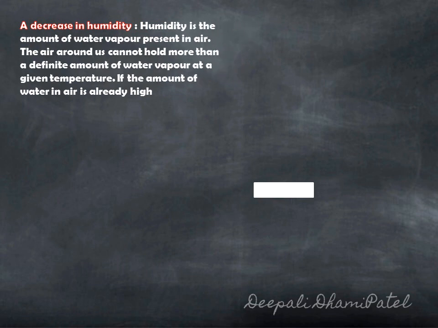If the humidity, that is the amount of moisture in the surrounding, is more, then obviously the evaporation will be slower or less. And if the humidity decreases, then the rate of evaporation will be more, as the number of water particles in the surrounding will be less due to less humidity.